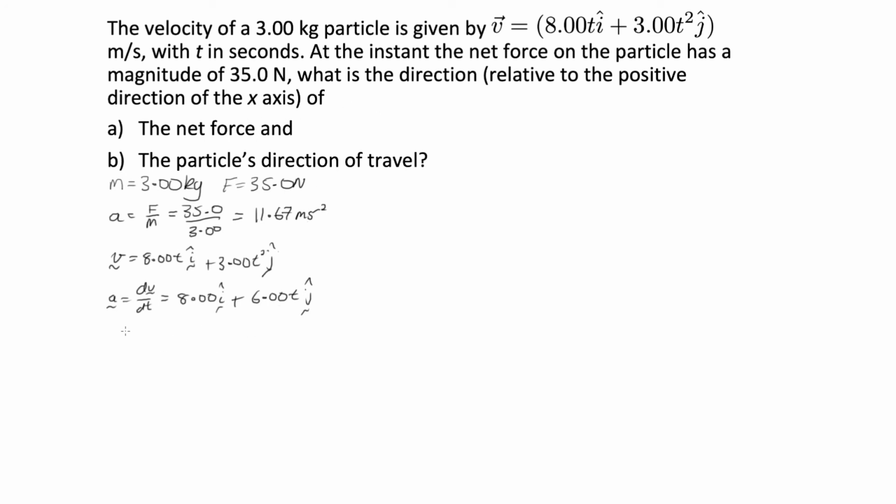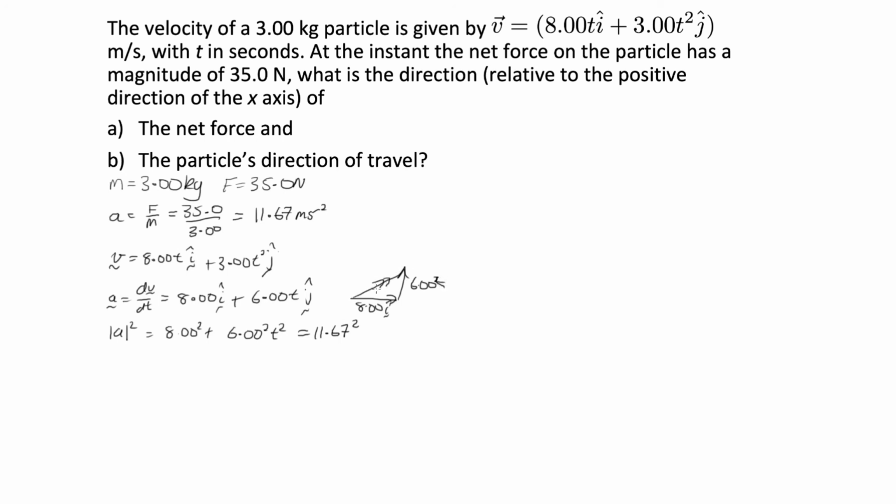So the magnitude of the acceleration squared is equal to 8 squared plus 6 squared t squared, and we know this is equal to 11.67 squared. This 11.67 comes from up here, and this comes from adding these. So we've got 8 in the i direction, and then we've got 6t in the j direction.